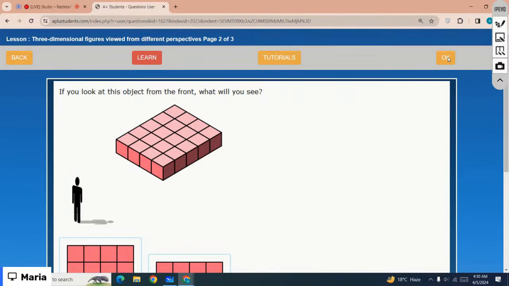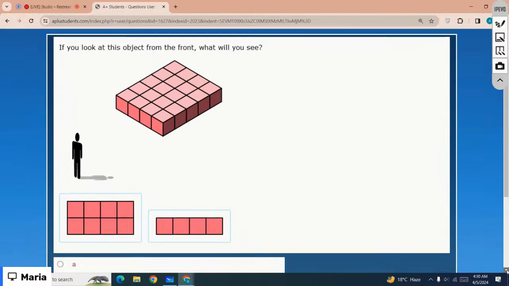If you look at this object from the front, what will you see? Which is the correct option? You are given two of the views. Which one do you see?